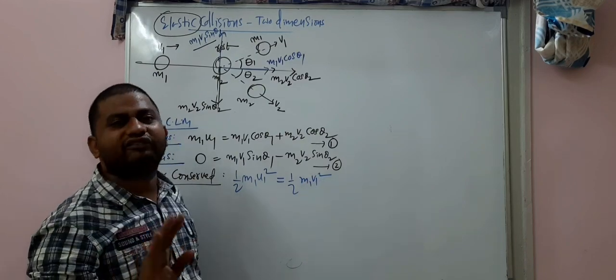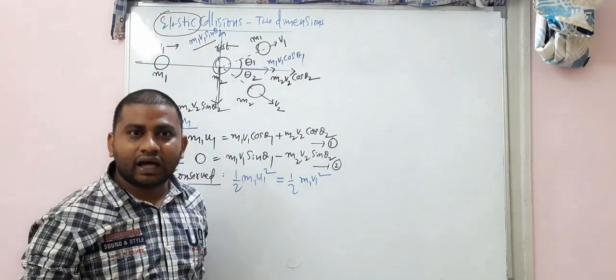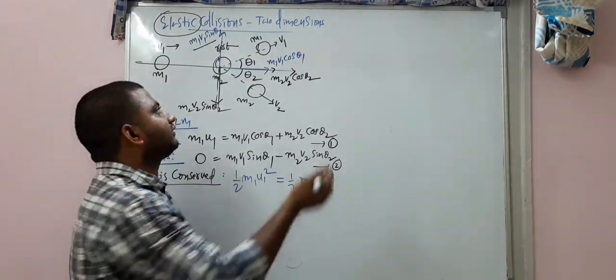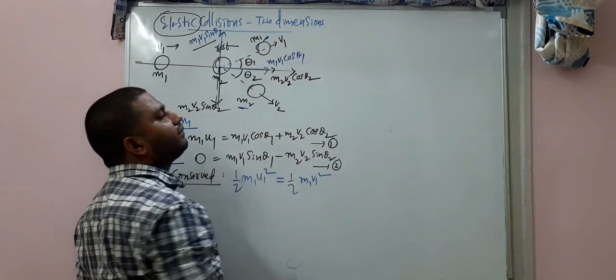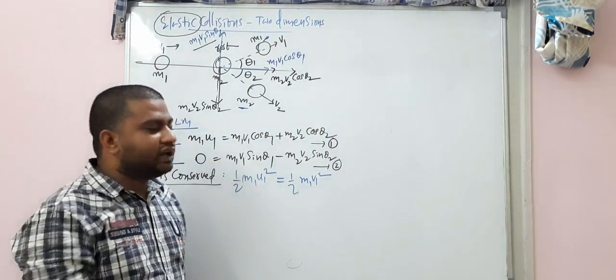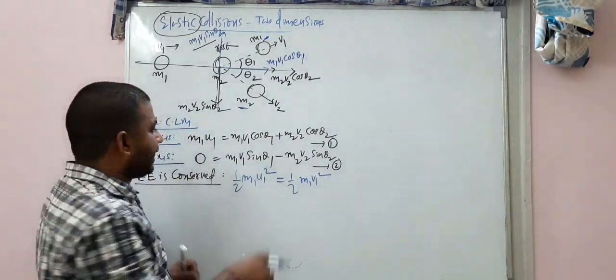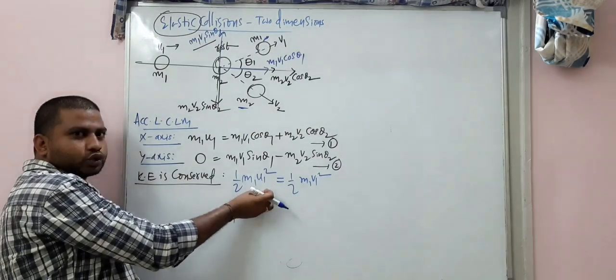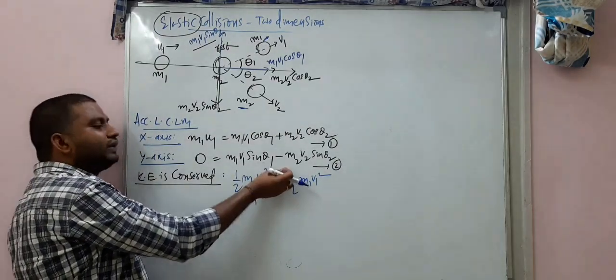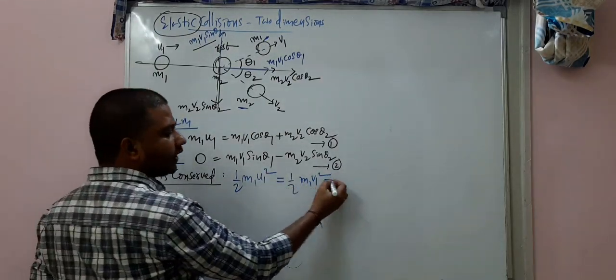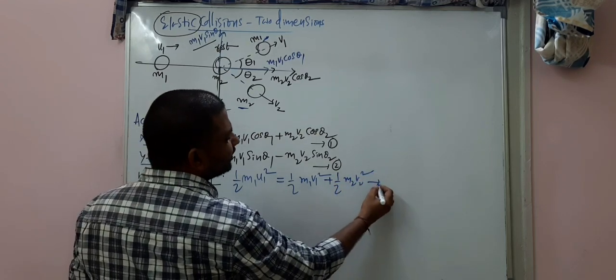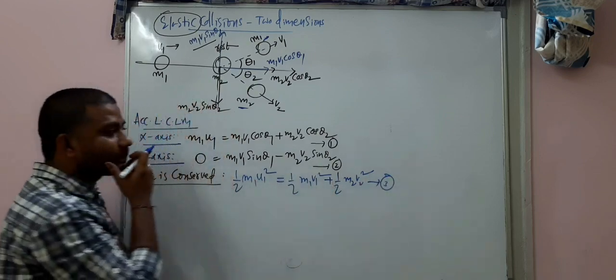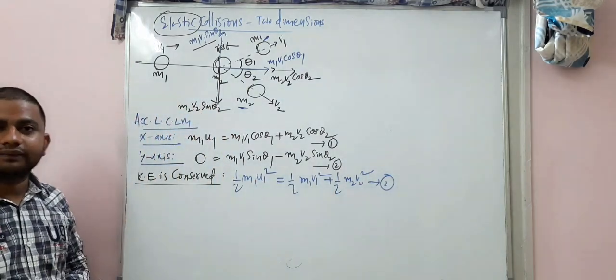This is not a vector. It is a scalar. Whatever may be the direction of the second body, and whatever may be the direction of the first body, we just write the energies as half m1 u1 square, which is equal to half m1 v1 square plus half m2 v2 square. So this is equation number 3.